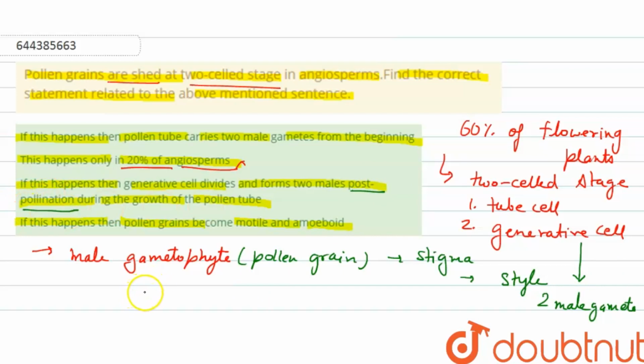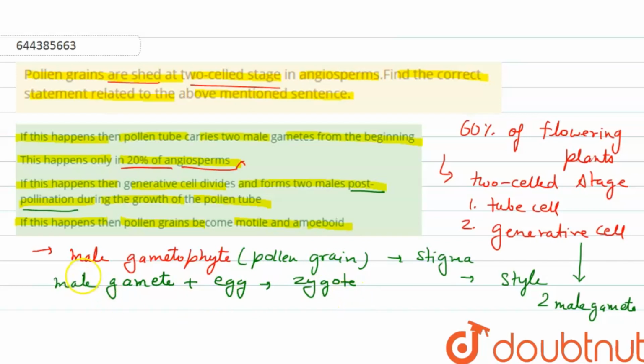So here, out of these, one fuses with the egg to form the diploid zygote, that is generative fertilization, or we can say the syngamy.